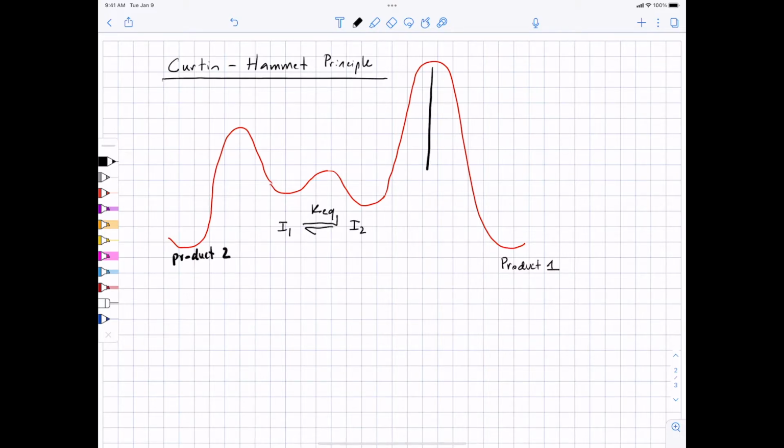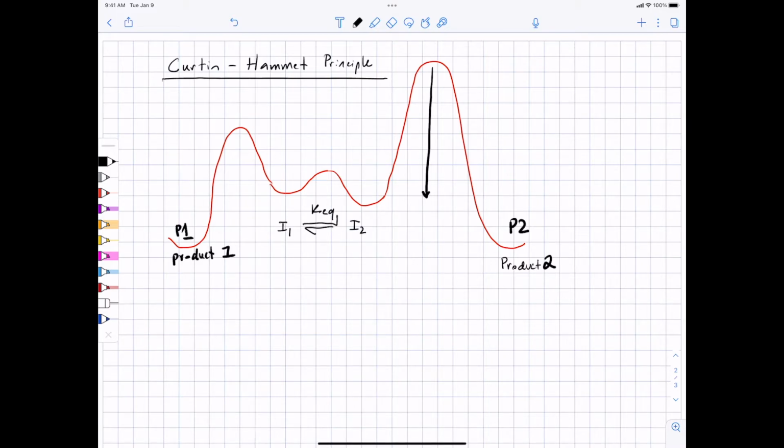So you've got the transition state. Oh, you know what? That's totally crazy and backwards, right? Somebody should have told me, why should intermediate 2 lead to product 1? That's just too confusing. So we'll let this be product 2. And then over here, that'll be product 1, right?